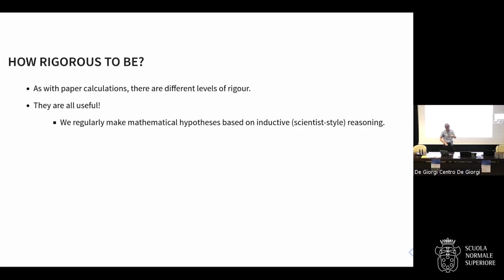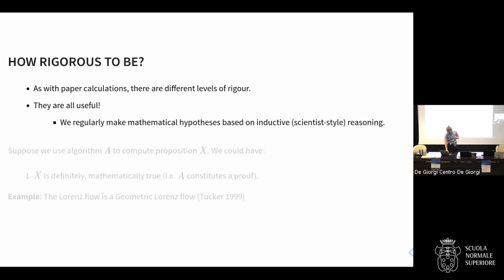You have that down 100%. On the other hand, it can be more difficult, more work, or perhaps even impossible. That's the nature of the work. It's a trade-off. And I would note that we always make at least hypotheses, even if not theorems, based on some kind of inductive reasoning.